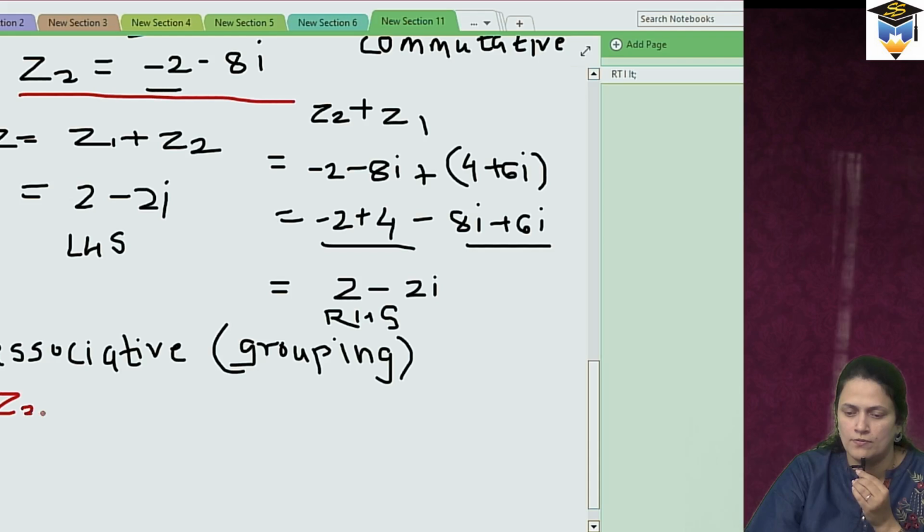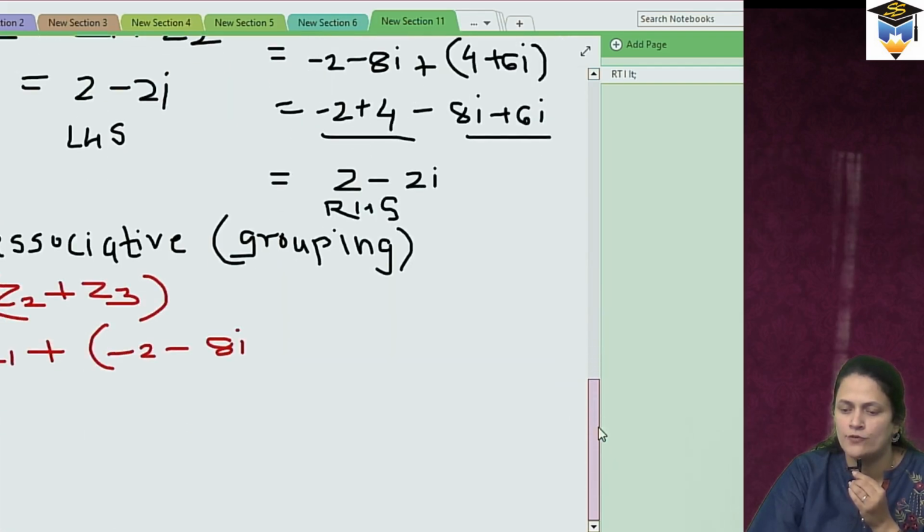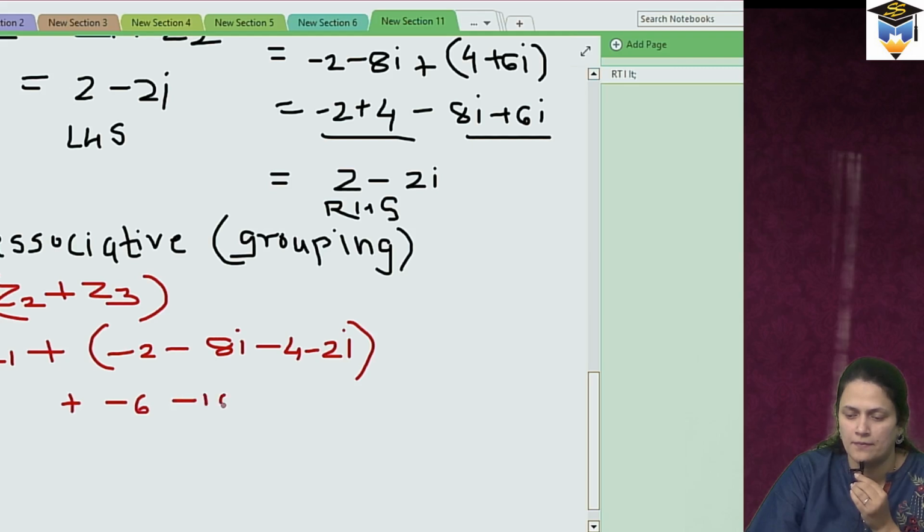Z2, that is minus 2 minus 8i, plus Z3, which was minus 4 minus 2i. Okay, so inside the bracket it will be minus 6 minus 10i.